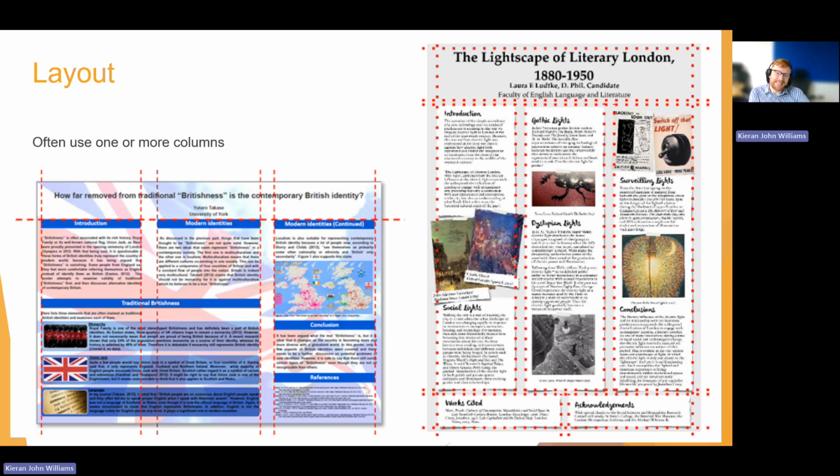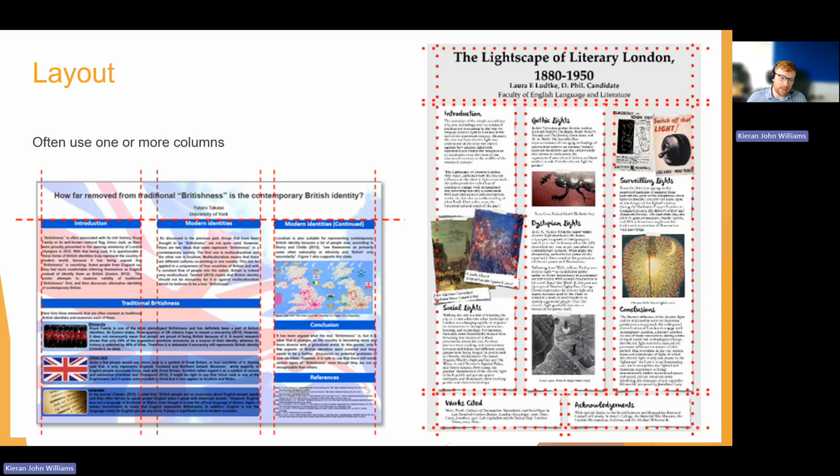Okay, so one of the key aesthetic problems that we have is making sure that we have a layout which works effectively. Okay? So many academic posters are based around the idea of using columns for the layout. And if you have blocks of text and pictures occupying one or more columns here.